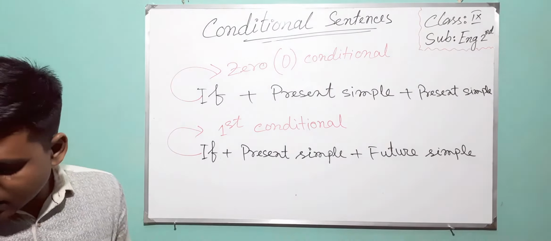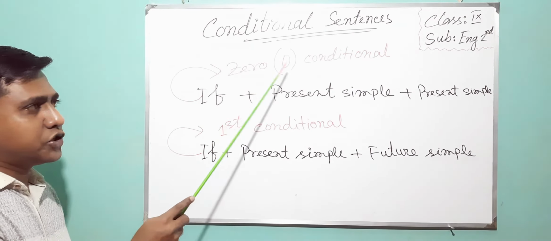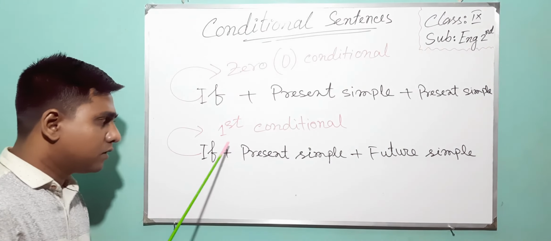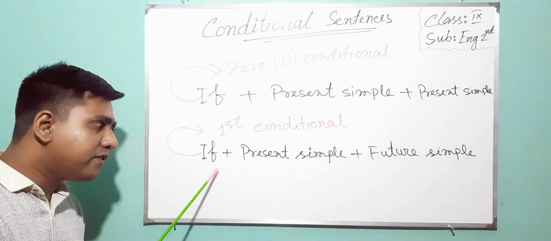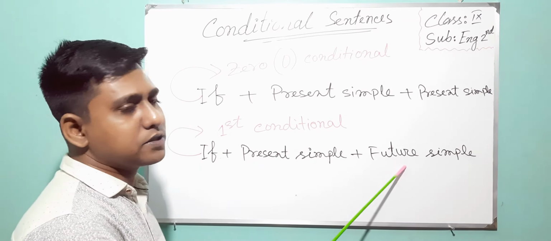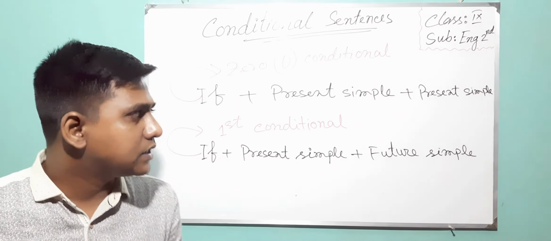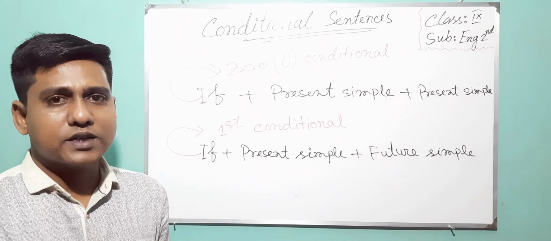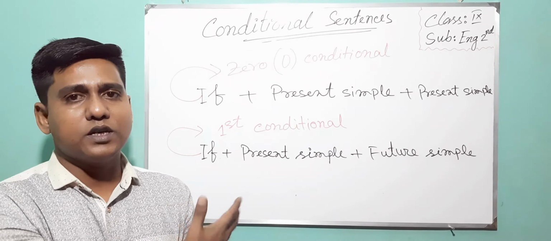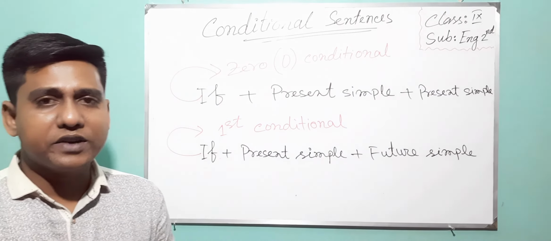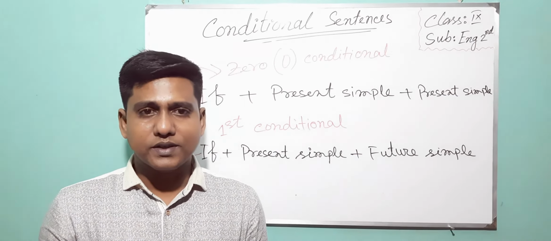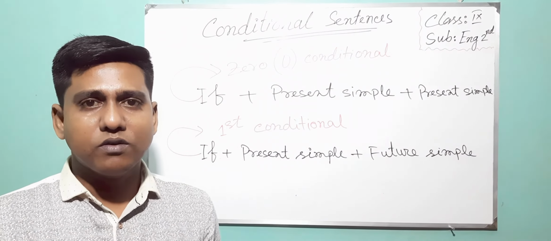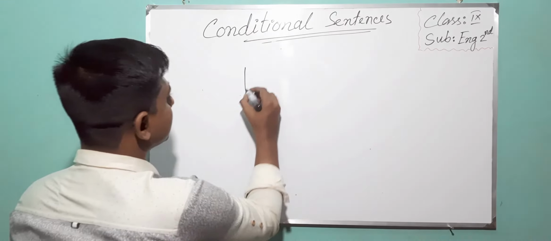So zero conditional, if present simple. First conditional, if present simple, future simple. So you can write the conditional sentences in this way. I think it's clear to you, and it will be very helpful for identifying or writing a conditional sentence. My dear learners, if you find any problem, just let me know. I'll try to help you.